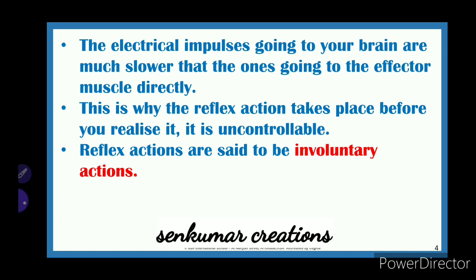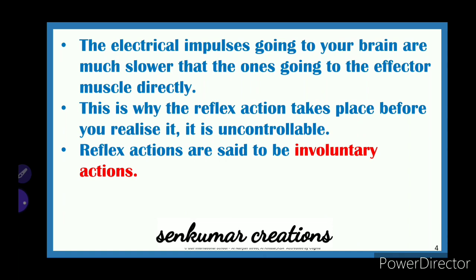So involuntary actions start at the sense organ heading to the effector. They are extremely quick. So involuntary actions are the fastest actions. Okay, and they start at the sense organ heading to the effector. So it starts when the electrical impulse, or the stimulus, is received from the receptor. The receptor cells are present in the sense organs, right?